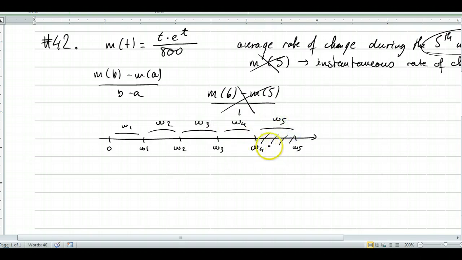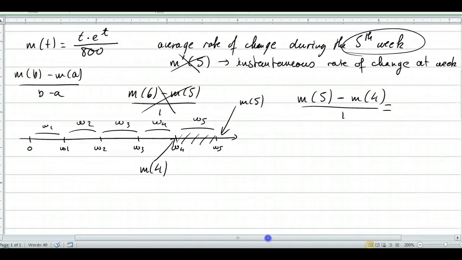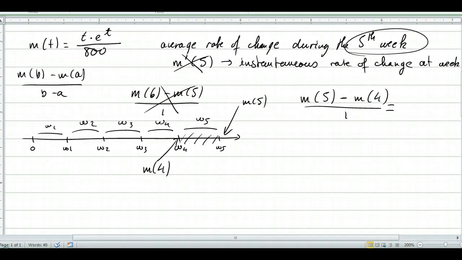So if you want the average rate of change during week 5, you have m of 5 right here, and here you have m of 4. So you have to do m of 5 minus m of 4, divided by 5 minus 4, which is 1, and that will give you the average rate of change during week 5.